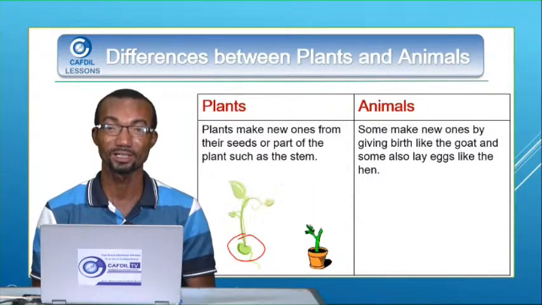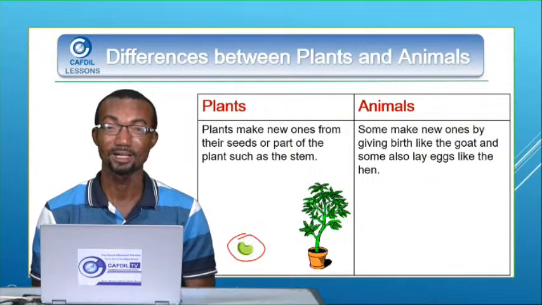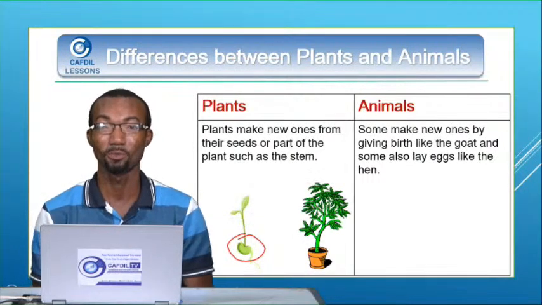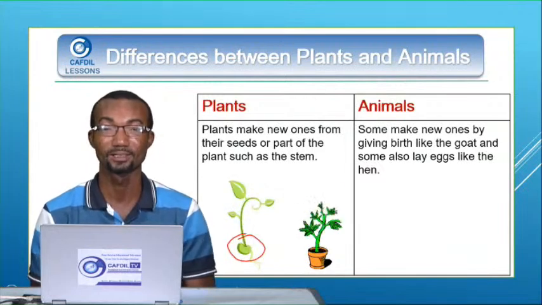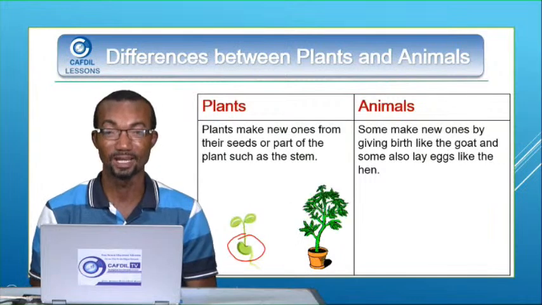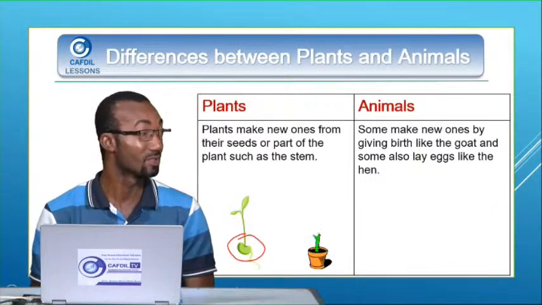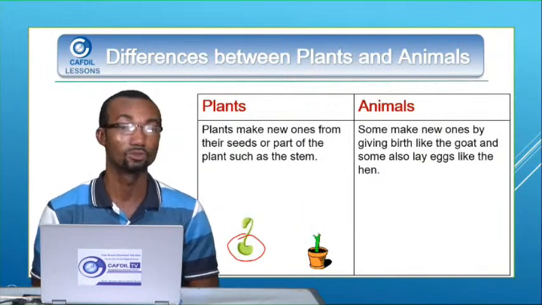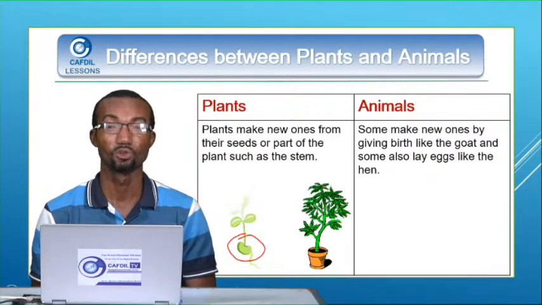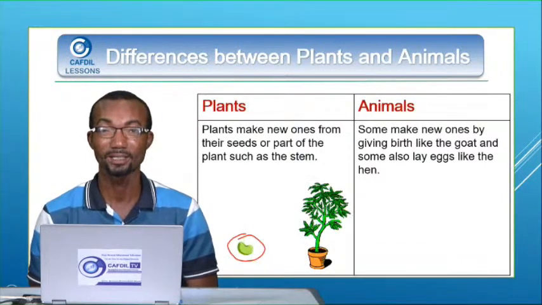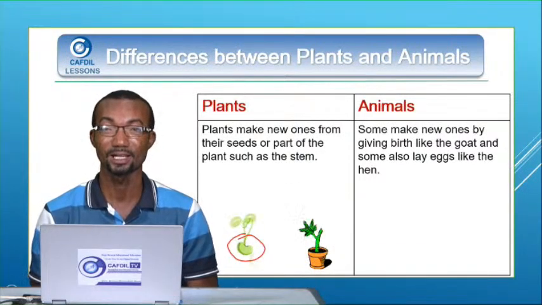So when you want to plant cassava, cassava do not have seeds like oranges or pear and the rest. We plant them using their stem. So as you see, the stem is fixed in the soil and then gradually it will grow. So plants make new ones from their seeds or parts of the plant, such as the stem.